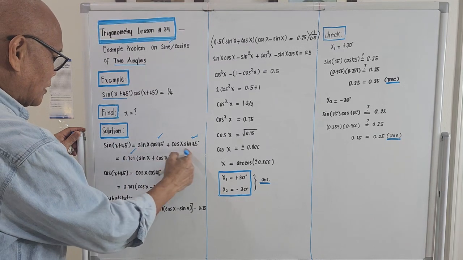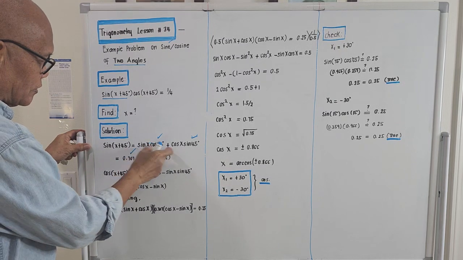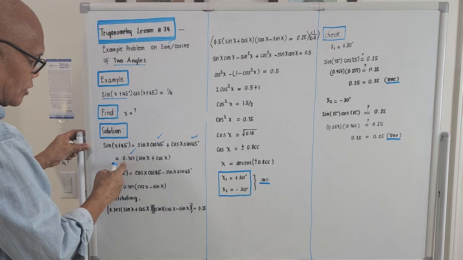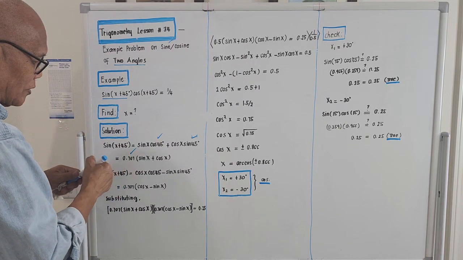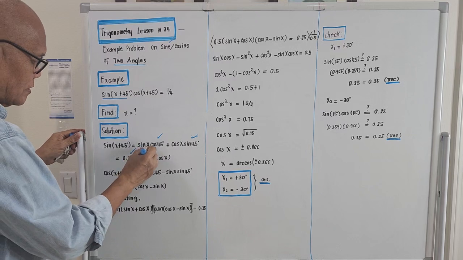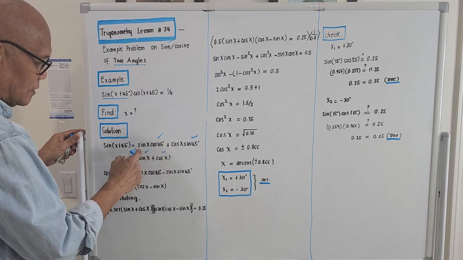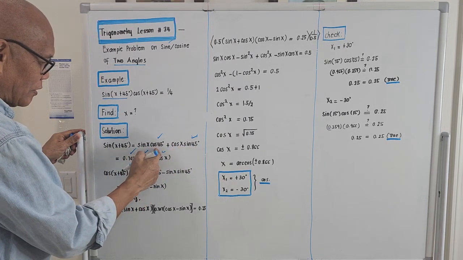So we expedite a little bit. There is a 0.707 here, there is a 0.707 here. We factor out the common factor, 0.707. What remains will be sine x plus cosine of x. This is sine, this is cosine. We bring out 0.707.